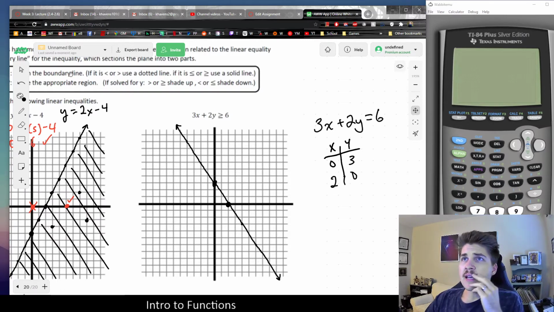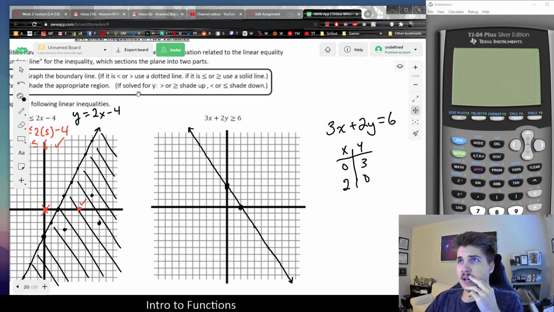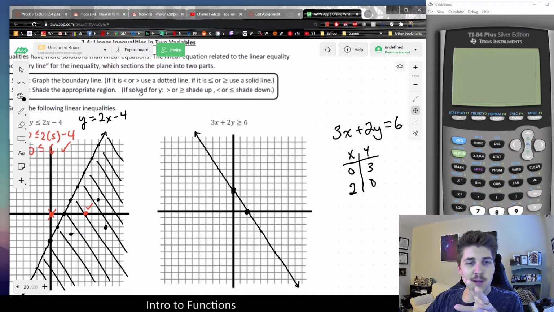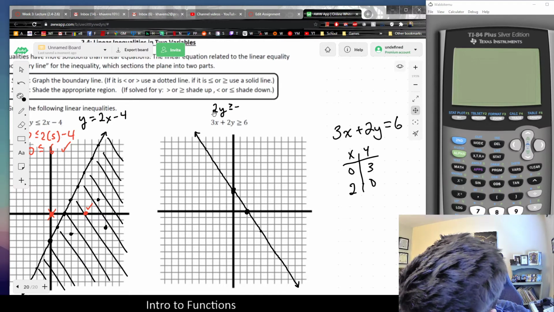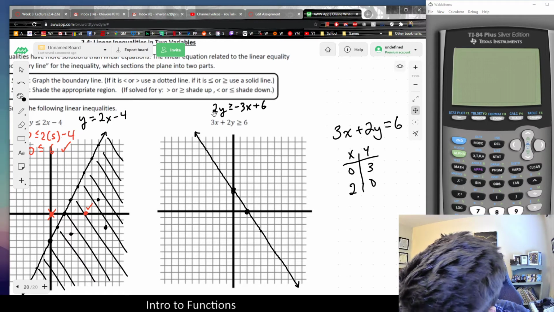And step two is to shade in the appropriate region. And notice in my little recommendation, it says if it's solved for y, greater than means shade up, less than means shade down. And so what we could do is actually solve this for y, and that would be pretty easy by just subtracting 3x to the other side, which would look like this.